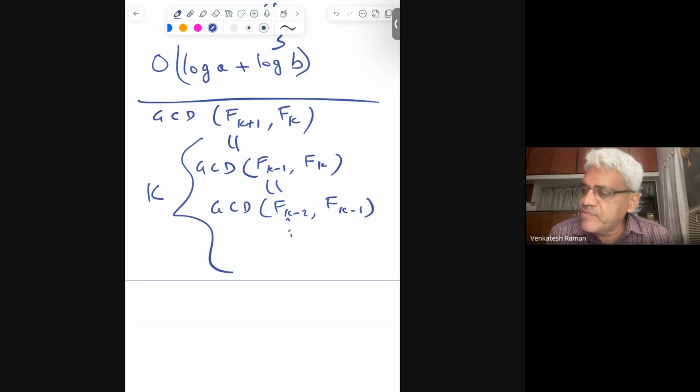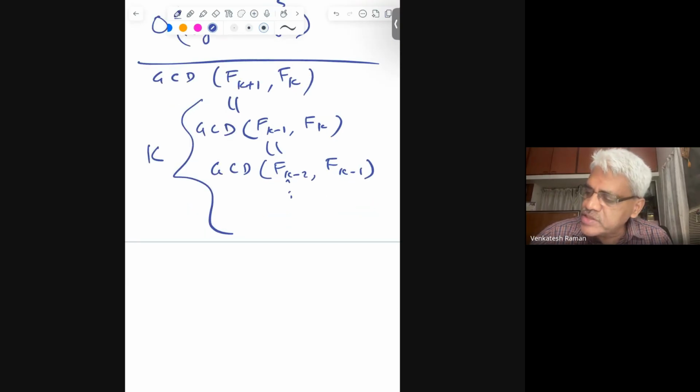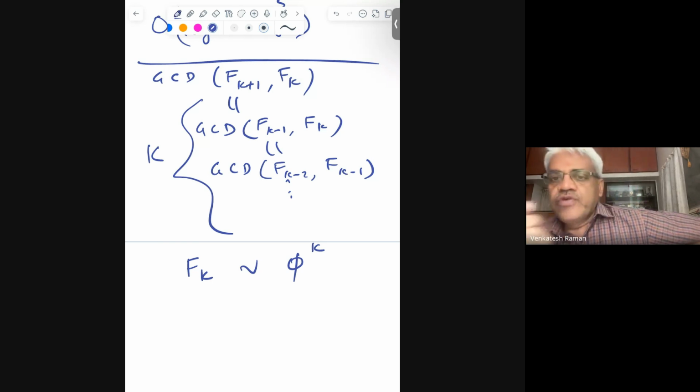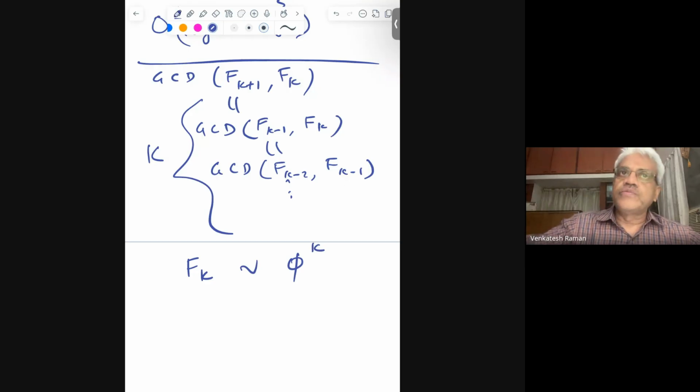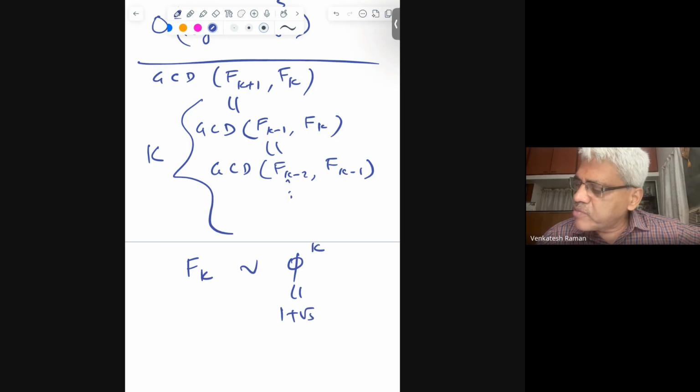But the kth Fibonacci number, or the (k+1)th Fibonacci number, is some exponential in k. If you know how the Fibonacci numbers grow, the kth Fibonacci number is exponential, roughly phi to the k, where phi is (1 plus square root of 5) by 2.